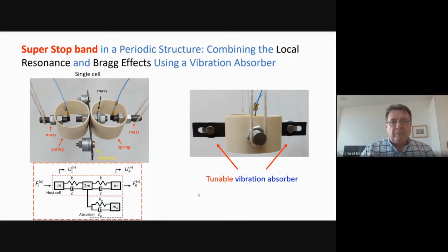If you were to fit this vibration absorber and you didn't make it tunable, i.e. you could not move these masses, then achieving a super stop band without this problem in the middle would be very difficult. So Vinicius, I believe, had to be very, very careful in tuning this when it was in situ.